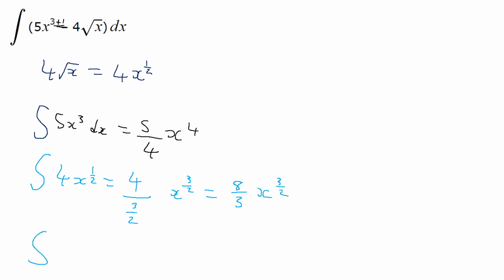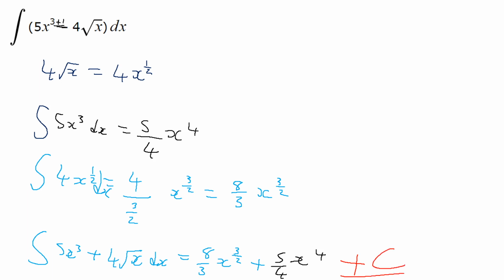So the integral of 5x cubed plus 4 root x dx is just going to be 8 over 3 x to the 3 over 2 plus, I'll write this in black because I wrote it in black before, 5 over 4 x to the 4, and the all important plus c.